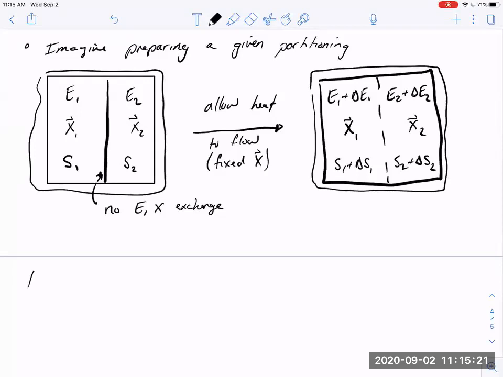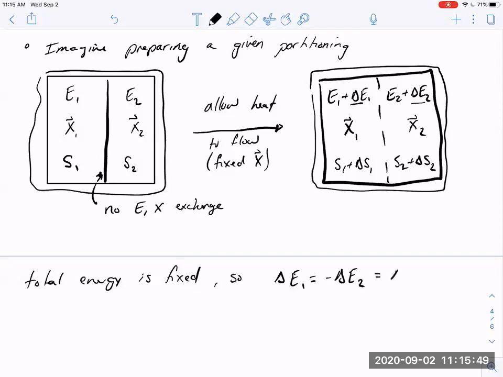So the total energy is fixed. So that means that any gain on the left must be offset by a loss on the right. Another way to say that is delta E1 and delta E2 can't be independent. They must be equal and opposite to each other.